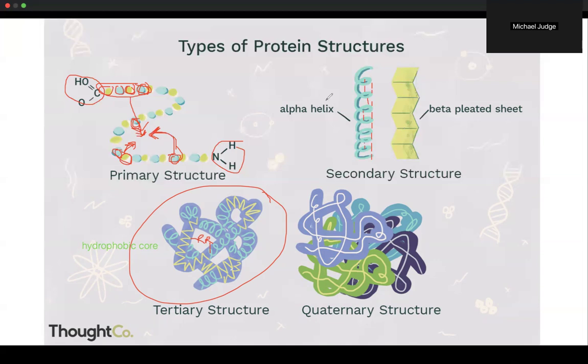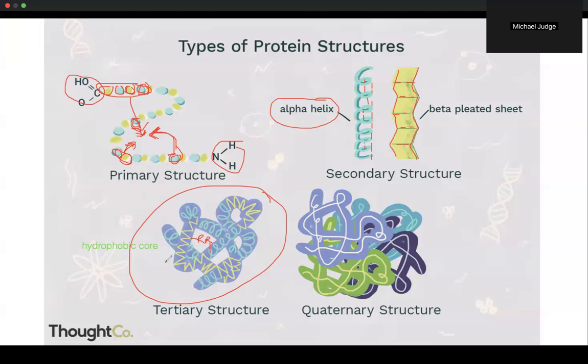There are two different main types of secondary structure. There are spirals called alpha helices, or as a singular is alpha helix. Alpha helices is the plural. Or these kind of zigzaggy sort of sheets, which are called beta sheets, which are also stabilized by hydrogen bonding between parallel parts of the backbone. Okay, so those are secondary structures.